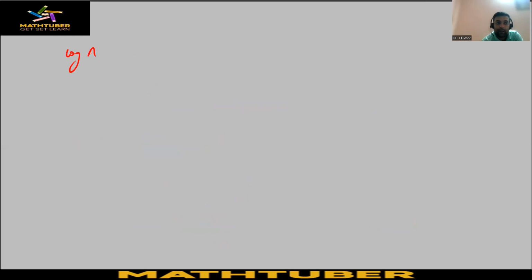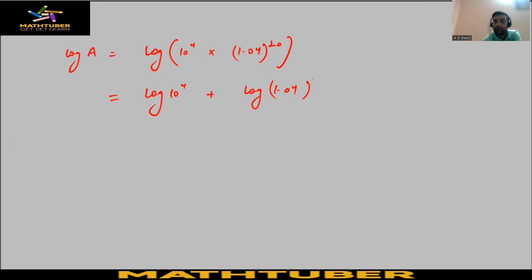So log of A will be equal to log of 10 raised to power 4 plus log of 1.04 raised to power 20. So these powers will come to the front and log 10 becomes 1, plus 20 log of 1.04.